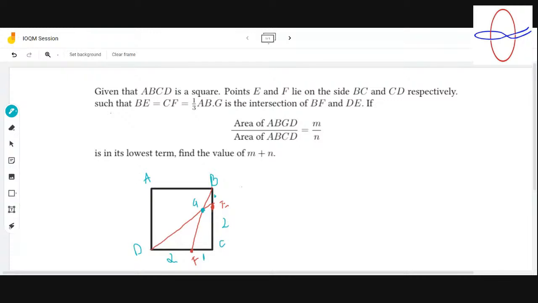Think about it, guys. You're trying to prove that triangle BGE is similar to triangle DGF.